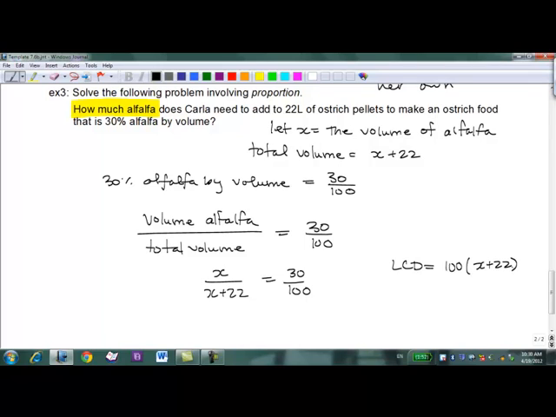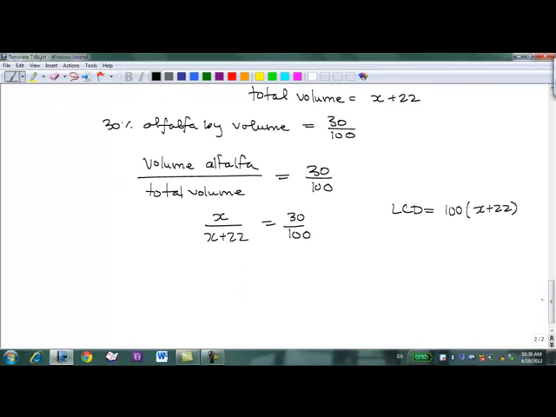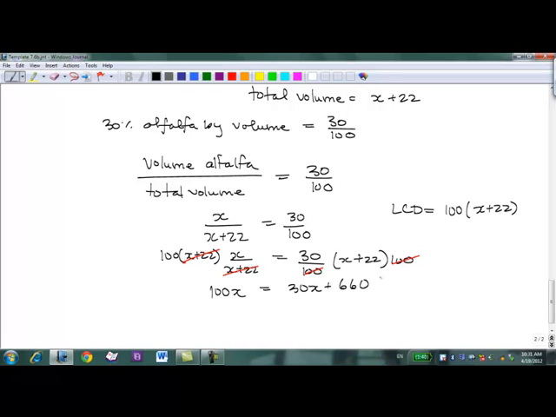But let's get away with that lowest common denominator again. Multiply the left-hand side by 100 times x plus 22, and it's x over x plus 22. The right-hand side, 30 over 100, and that's times x plus 22 and 100. I kind of wrote those in different order there. Let's reduce. And we have 100 times x left on the left-hand side, and 30x plus 660 on the right-hand side.